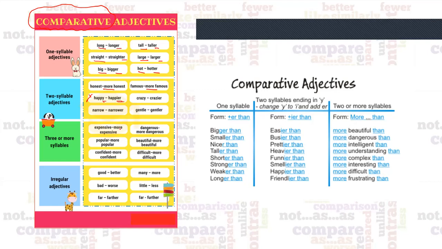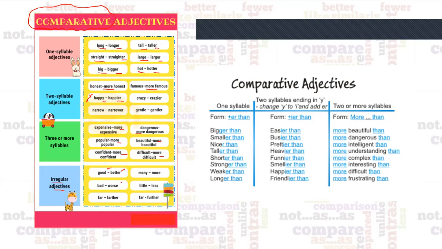Three or more syllables also, we should have more: more beautiful, more expensive, more dangerous. However, there are some irregular adjectives which completely change the word. It's not ER or IER. We use good, better, and the superlative the best. Bad, worse, worst. So these are irregular adjectives.